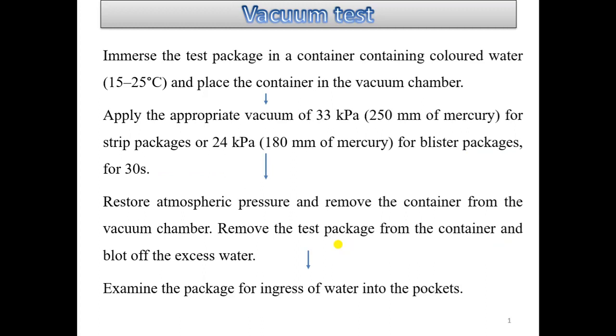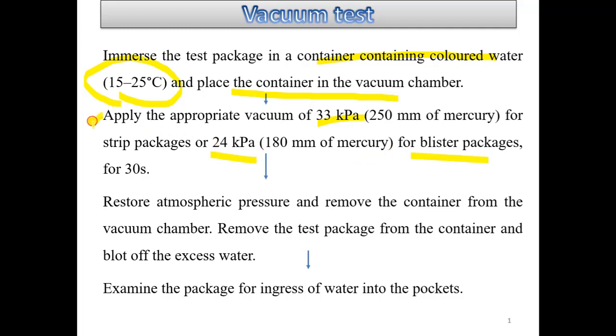The other main test for secondary packaging material is the vacuum test. To perform the vacuum test, we immerse the test package in a container containing colored water at 15 to 25 degrees centigrade, and place the container in a vacuum chamber with the water. Apply the appropriate vacuum of 33 kilopascal for strip packages or 24 for blister packages for 30 seconds.